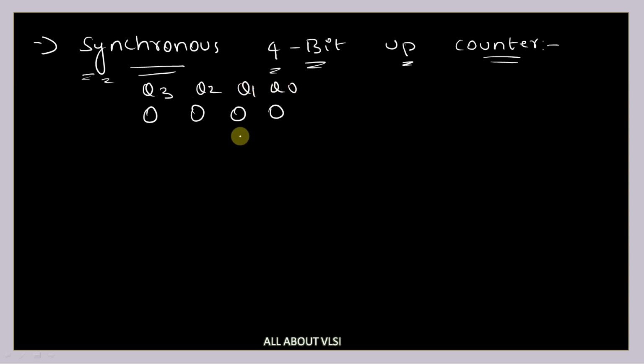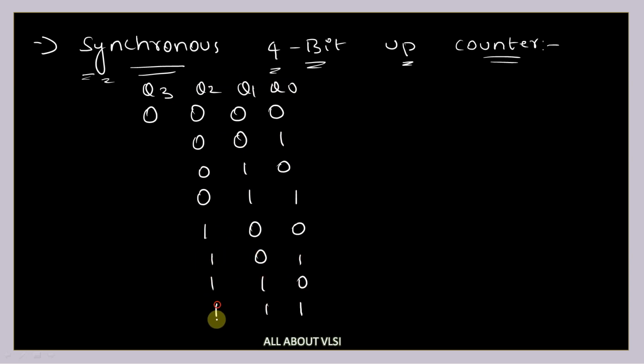So it is nothing but 0, 1, 1, 0, 1, 1. This is 0, 0, 0 and 1, 0, 0, 0, 1, 1, 0 and 1, 1. This is 1, 1, 1 and this is 0, 0, 0, 0, 0, 0, 0.